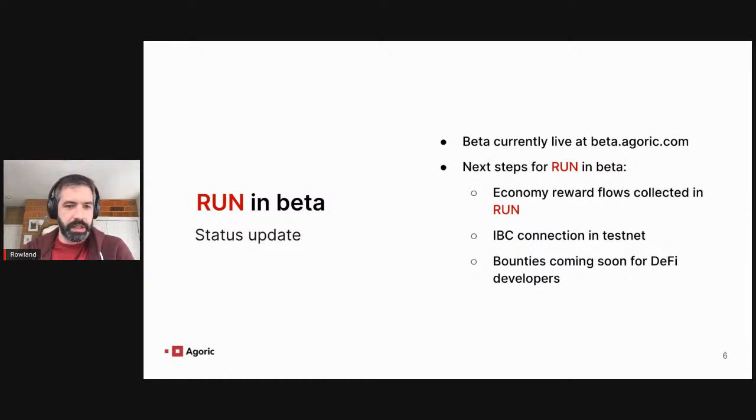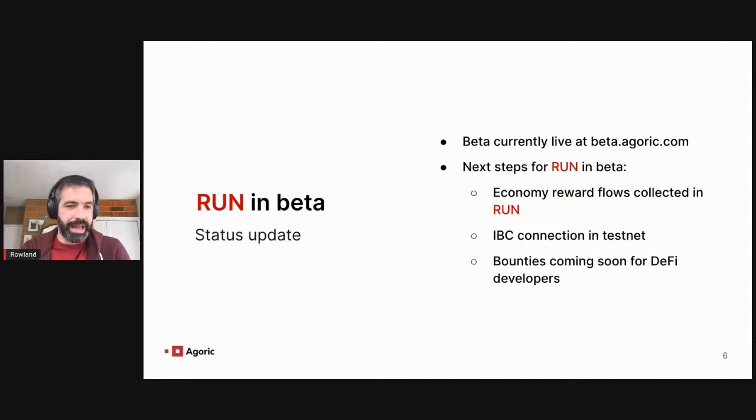Beyond that, we're looking to connect to IBC in testnet, which will allow you to actually experience bringing assets from other Cosmos chains over to our vaults, collateralizing, minting Run against them, and hopefully, depending on the testnet availability of other DEXs, actually doing some trades on other chains.